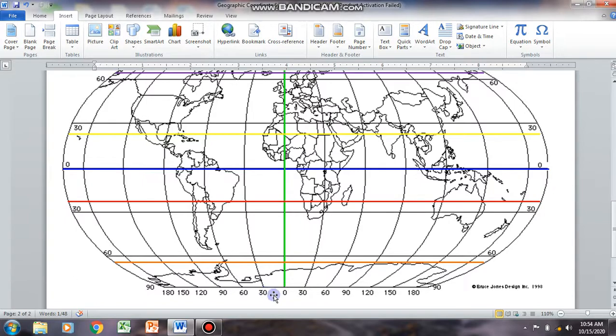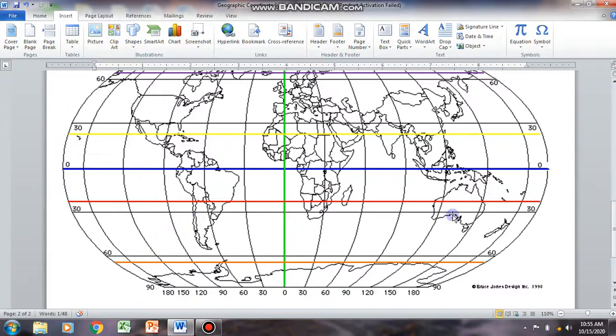Sa 4 na yan, if you are looking for the number designated to southern places, titingin ka sa kaliwa at sa kanan. Because these numbers indicates the numbers for latitude. Because latitude divides Earth into north and south hemispheres.